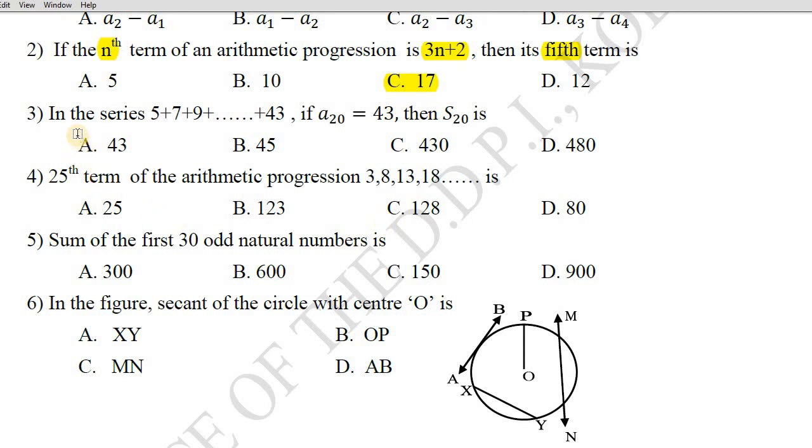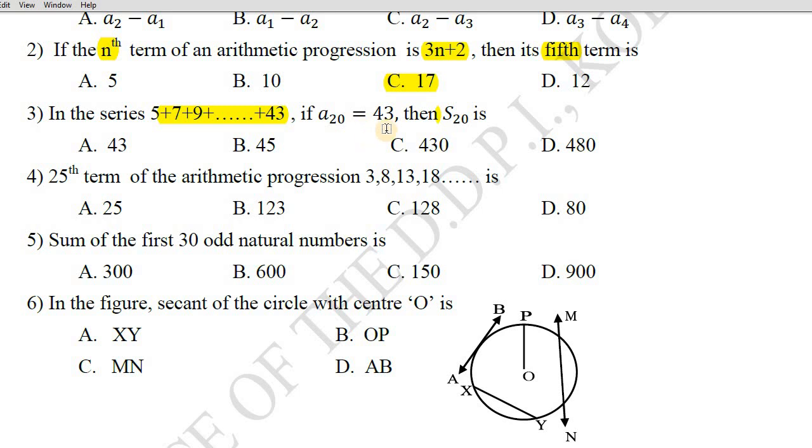Let's see another problem. In the series 5 plus 7 plus 9 plus so on plus 43, if A20 equals 43, then S20 is. Children, here they have given a series, 5 plus 7 plus 9 plus up to 43, and are asking to find the sum of 20 terms.